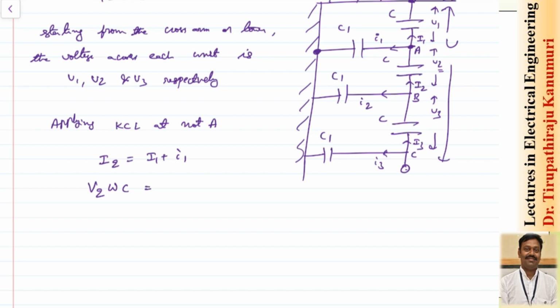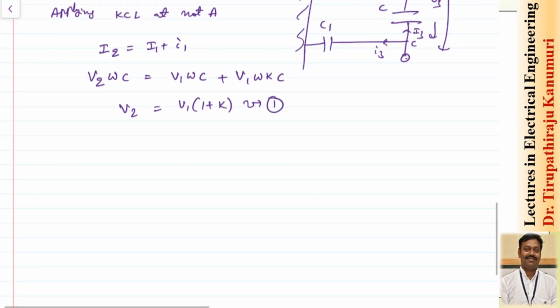V2 omega C will be equal to I1, which is V1 into omega C, and the capacitance C1, the first one. This small i1 is passing through C1, which is connected between node A and the tower, so it also has the voltage of V1 only. So this will be V1 omega into K into C. From this I can write my voltage V2 is equal to V1 into 1 plus K. Let us take this as equation number 1.